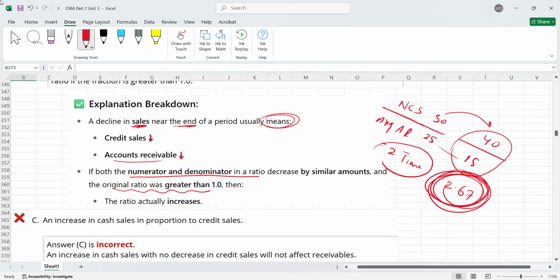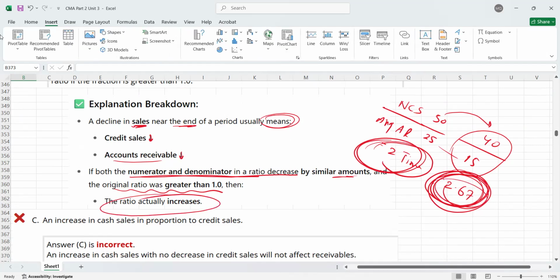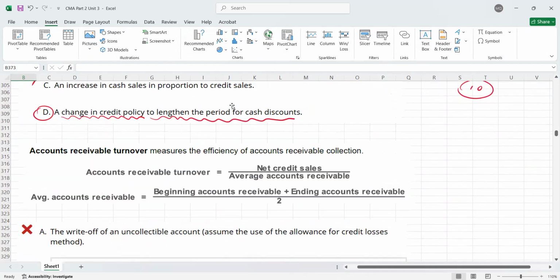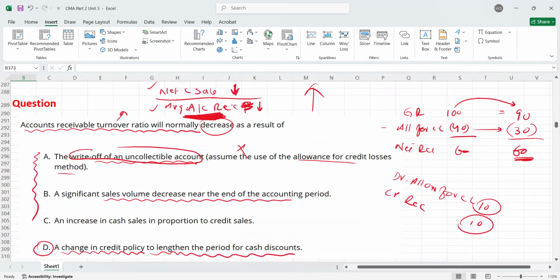If the original ratio was greater than 1, yes, it was greater than 1, and both the numerator and denominator decrease by a similar amount, the answer will actually increase. But the question is about the decrease, not the increase. The question was about why the turnover ratio could decrease. The answer we already discussed. Now I'm just explaining why these are not the options.